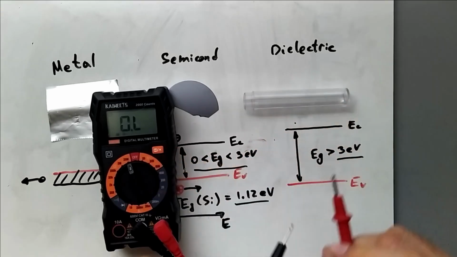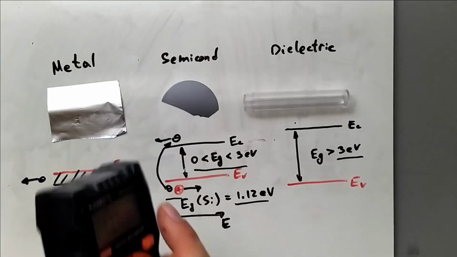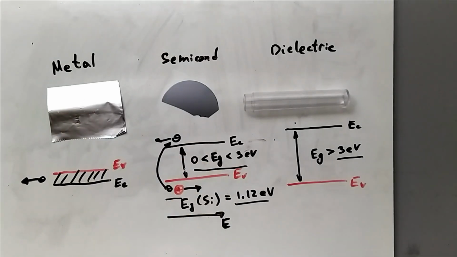So dielectrics, because they have a very large band gap, do not create conditions for free charge carriers, and thus cannot facilitate charge transport through this type of material.